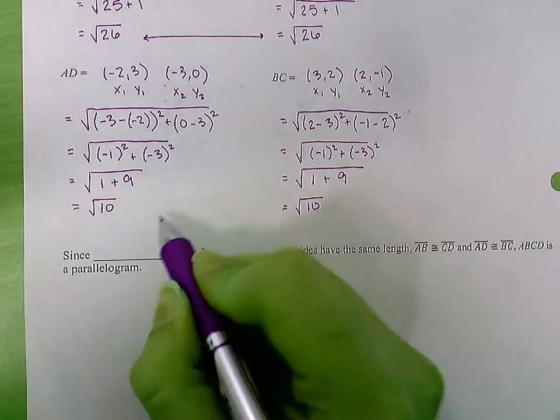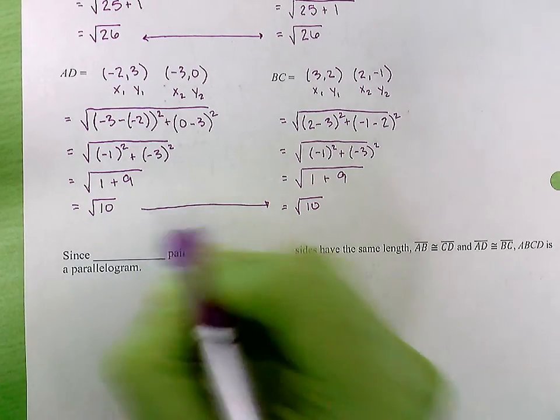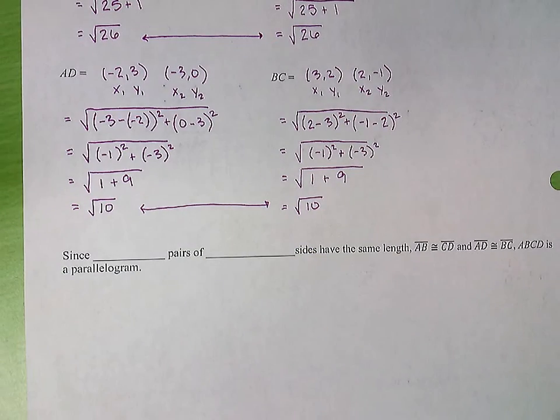And again, I want to compare these two answers that I got here. That's why I'm just leaving them in that square root form. Okay, since they're both square root of 10, those two sides would be congruent to each other.